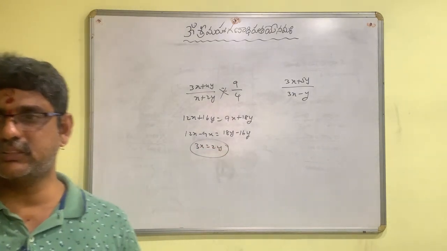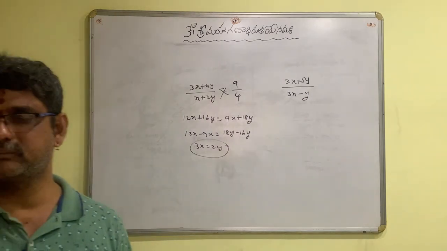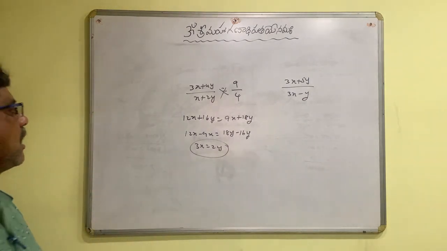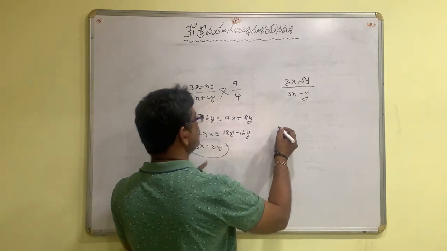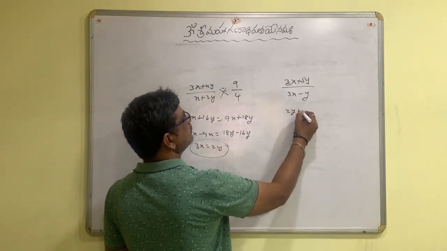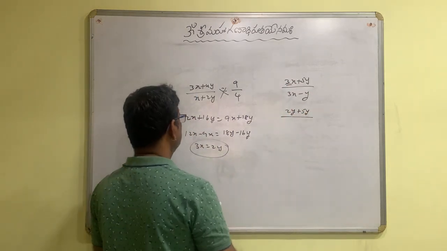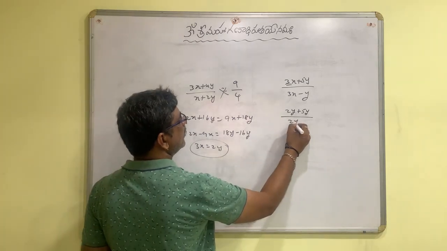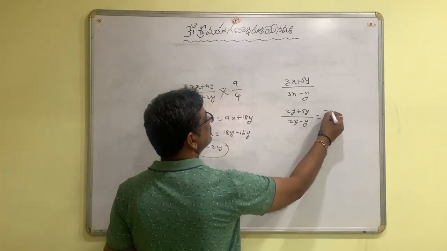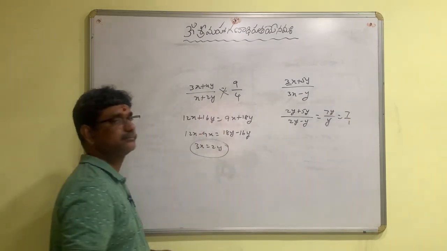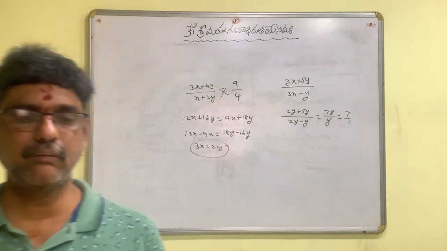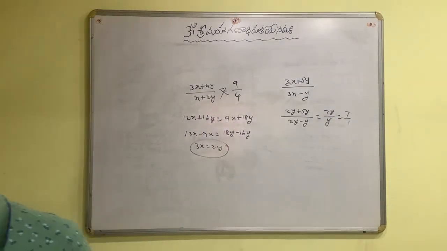Now substitute 2y for 3x. 2y plus 5y by 2y minus y. 7y by y, which is 7 is to 1.